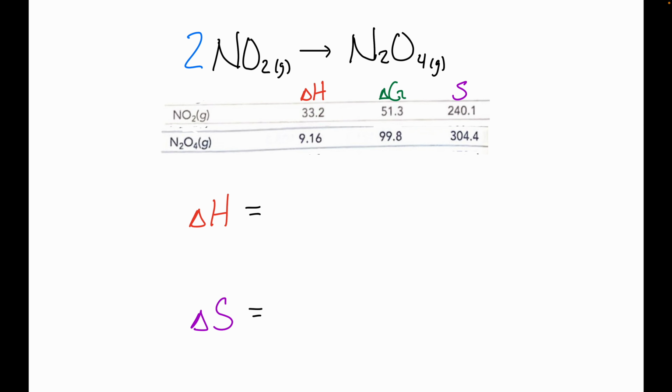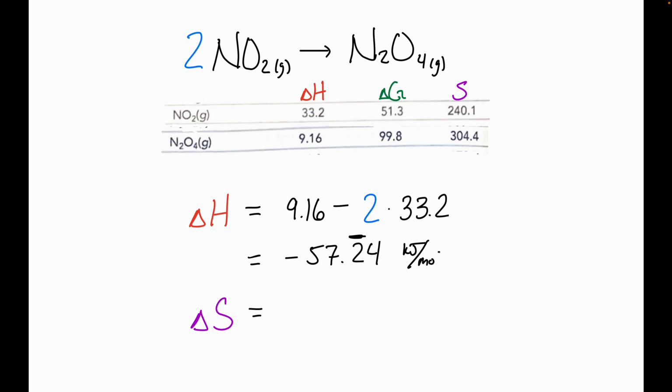All right, so my product delta H is that 9.16. I'm going to subtract my reactant multiplied by its stoichiometric coefficient. All right, so we should have gotten an enthalpy change of 57.24, or 57.2 if we're rounding to the correct number of sig figs, kilojoules per mole. All right.